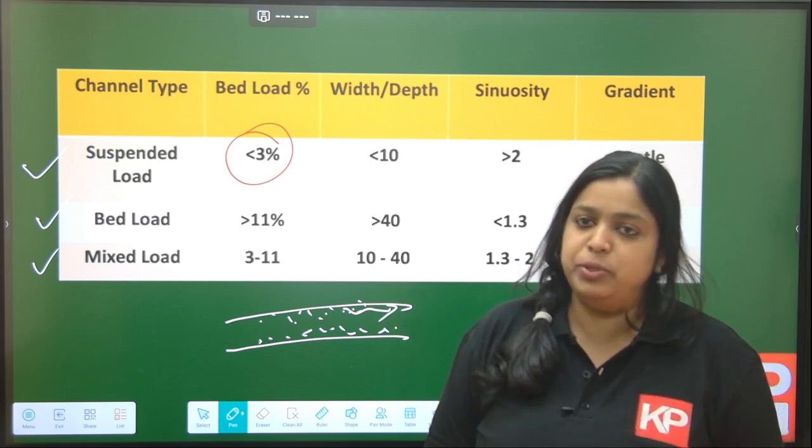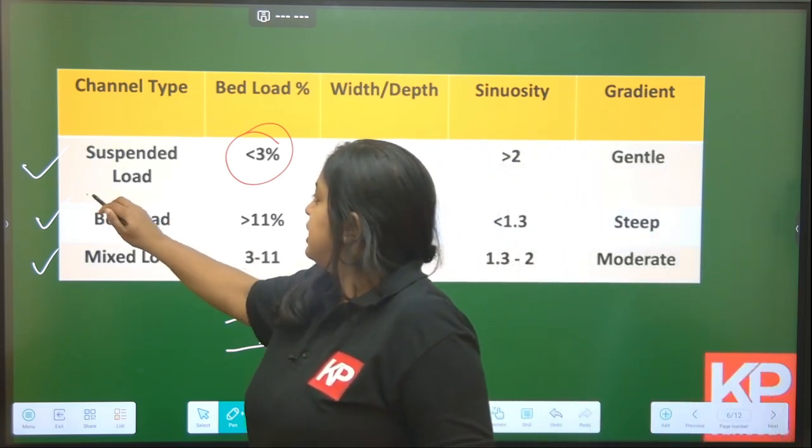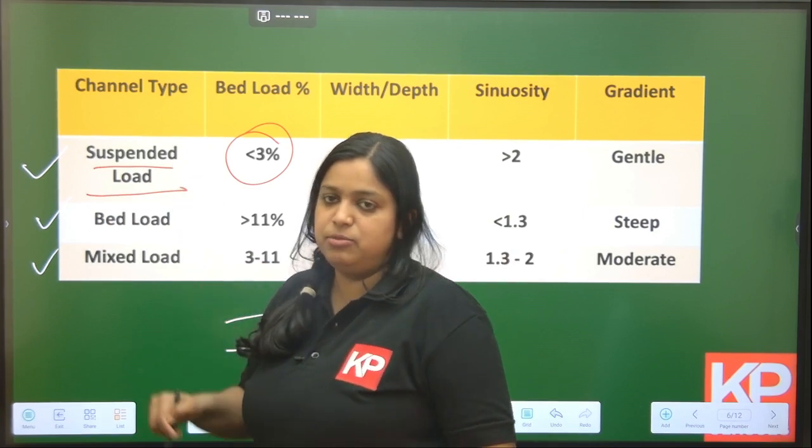Rest of them are suspended load. That's why that particular channel is called a suspended load channel.